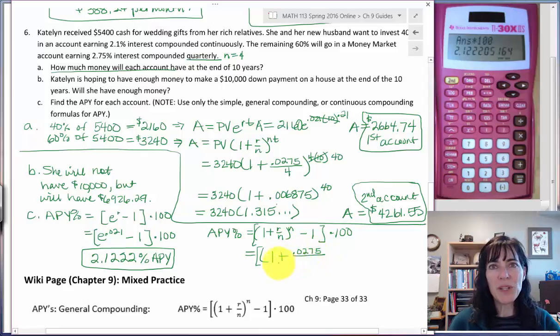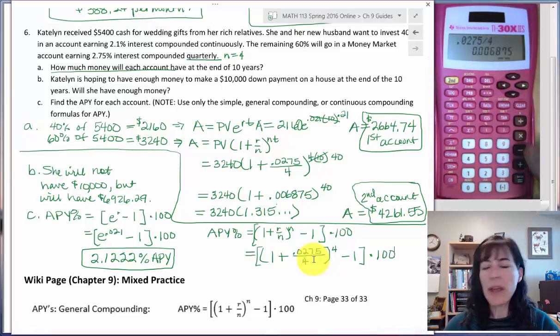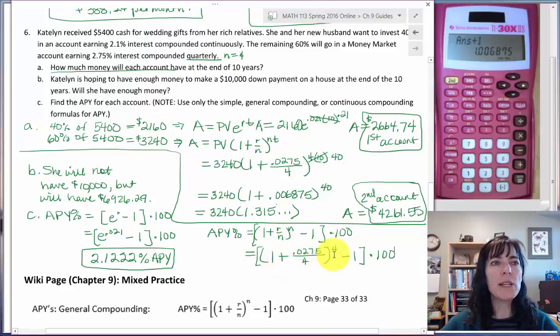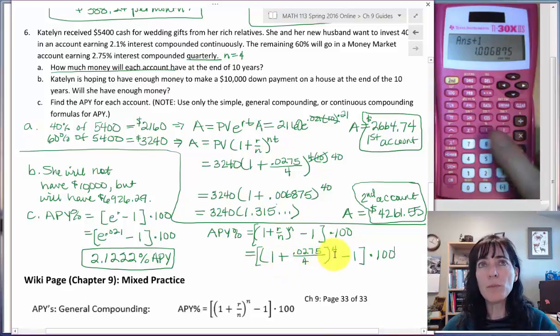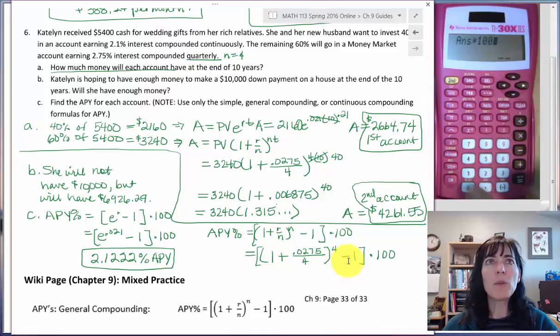My n, remember this was an unusual n, so it was a 4 for quarterly, to the n power, so it's going to be to the 4th power minus 1, and then finally multiplied by 100. So working inside the parentheses first, I'll do this fraction 0.0275 divided by 4, and then finally add 1. That'll take care of everything inside the parentheses. Raise it to the 4th power, and then subtract the 1, and finally multiply by 100.